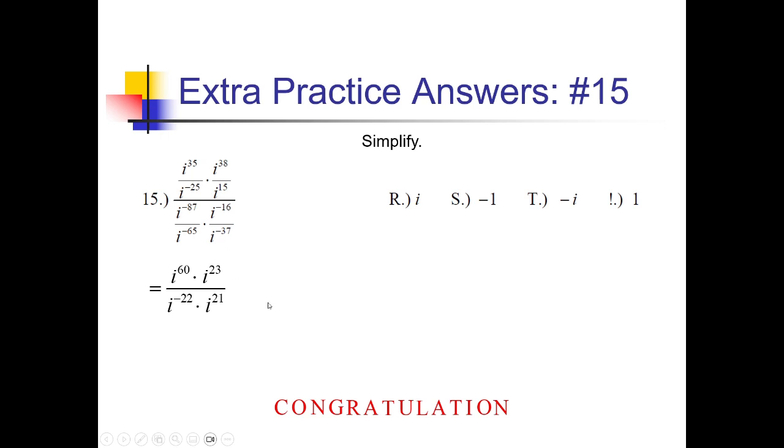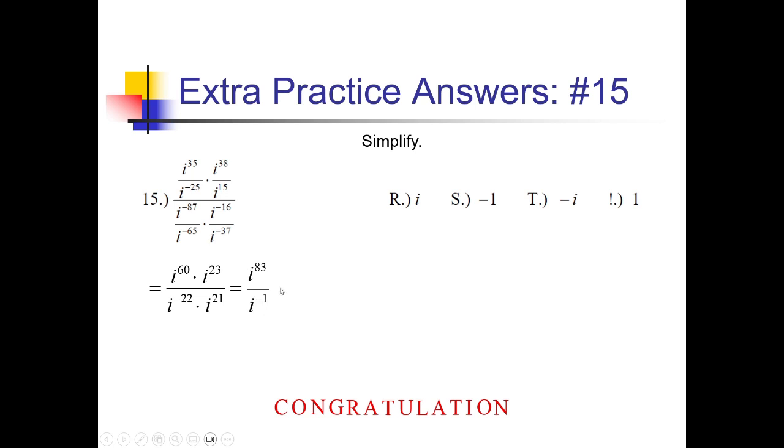All right, so now I'm going to deal with the numerator and denominator separately. I'm going to add the exponents since I'm multiplying the i's in both of those situations. So we have 60 plus 23. That's going to give me i to the 83rd in my numerator. And down below, we've got negative 22 plus 21. So that's just negative 1 down there.